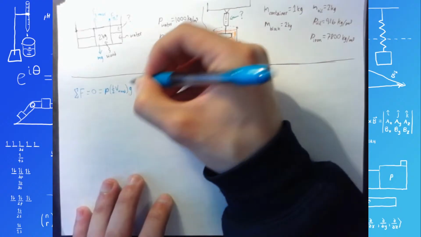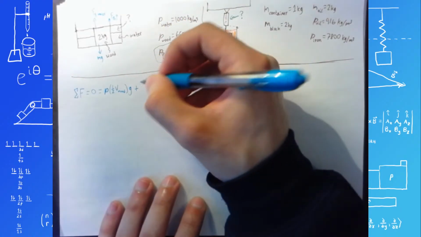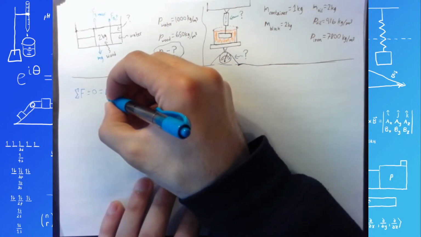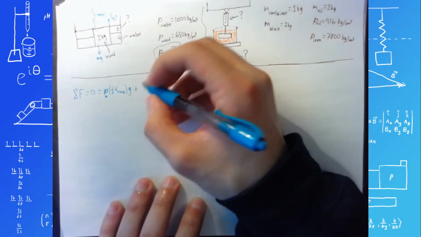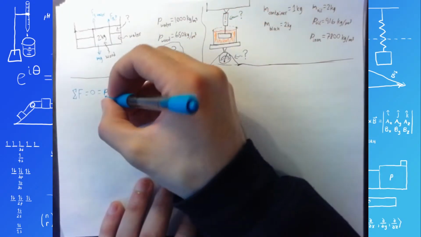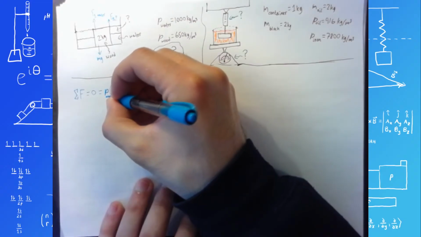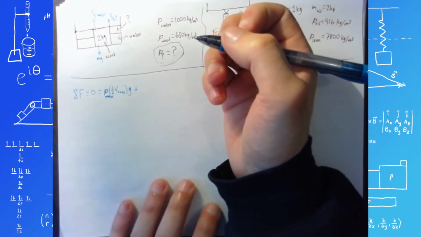times g, plus another buoyant force, so that's rho water. Actually, no, rho W could be confused with wood, so let's not do that.